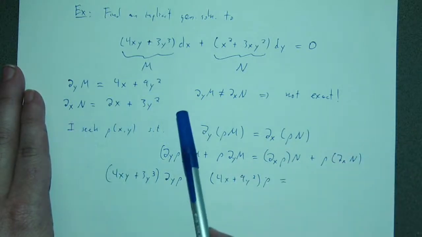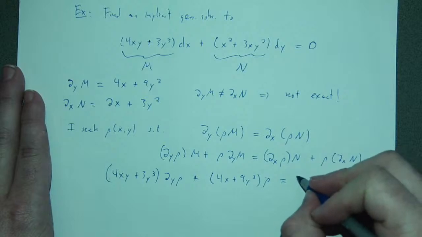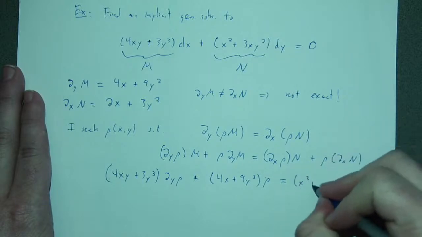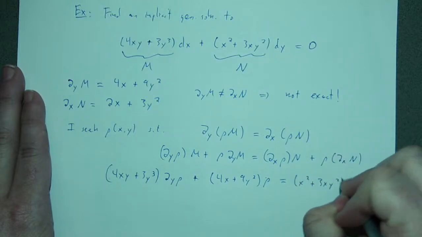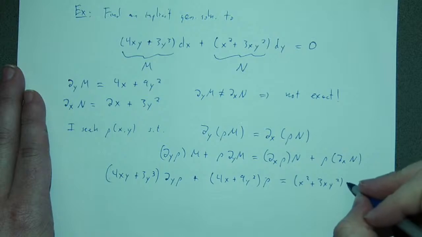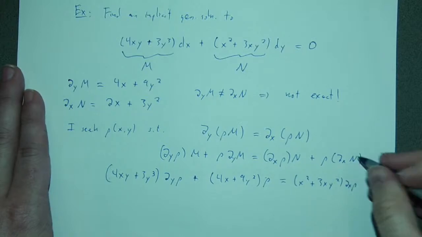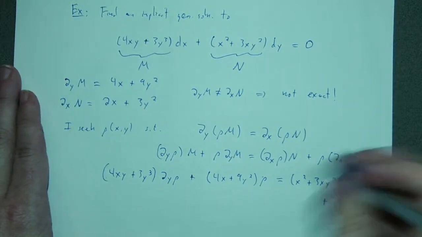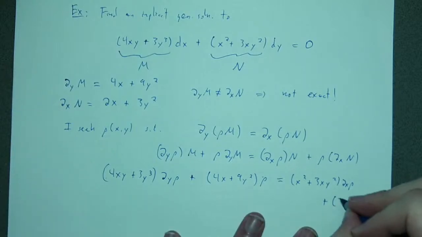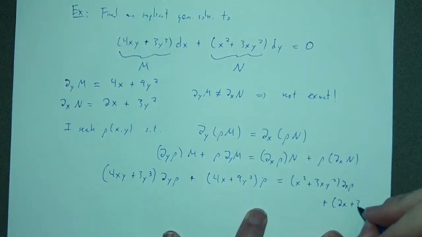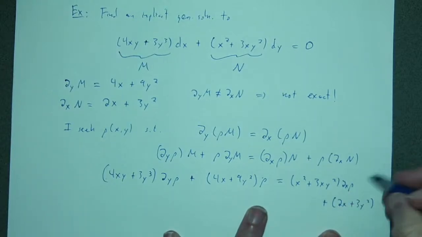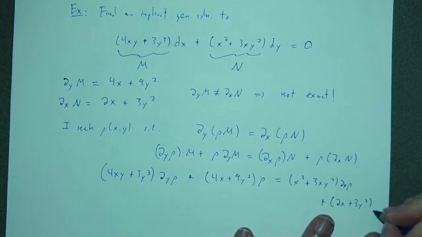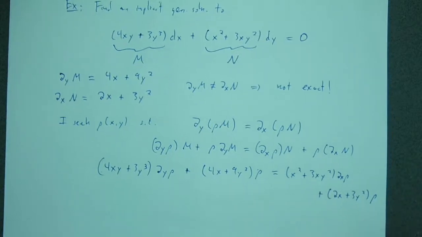So N is x squared plus 3xy squared times the x partial of rho. Plus rho times the x partial of N, which I've also already computed. So this is 2x plus 3y squared. And that's times rho.